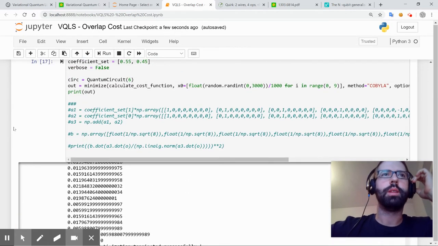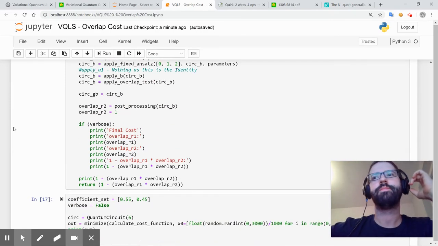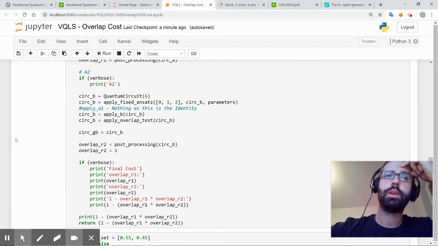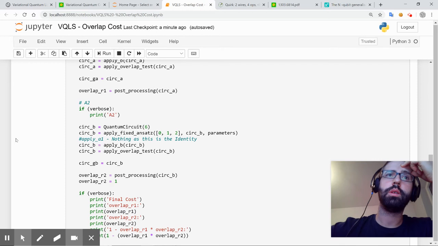So how would you do that? How do you combine the two overlaps? That's the question. How do I combine the two overlaps? Parameters.